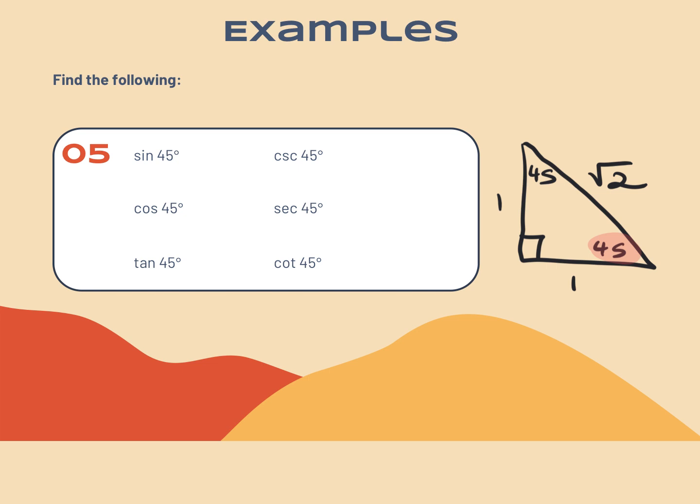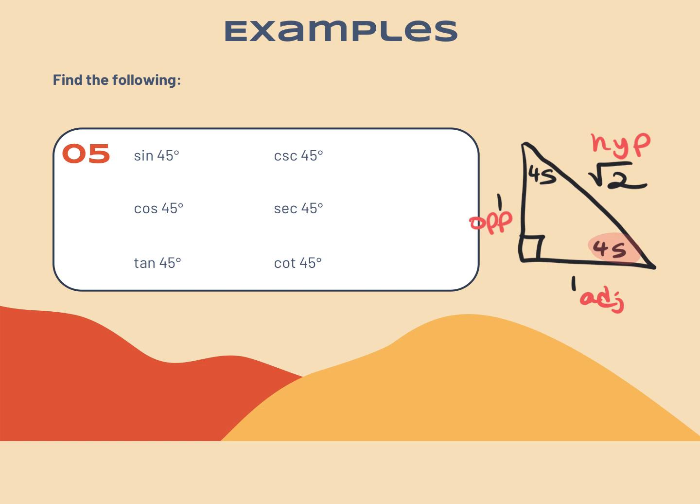So if I label them in relation to the 45 I just colored, this would be opposite to that 45, this would be adjacent, and this again is the hypotenuse. So let's fill it in.